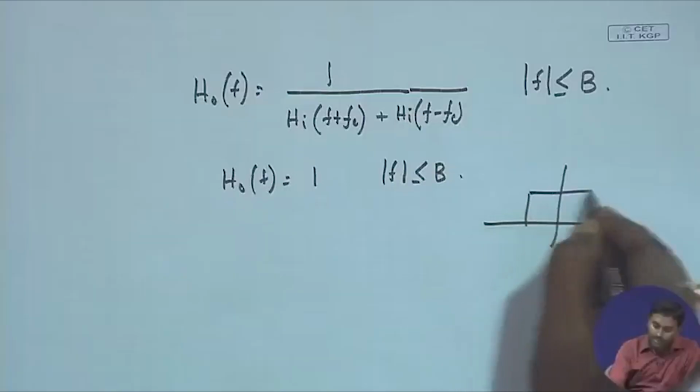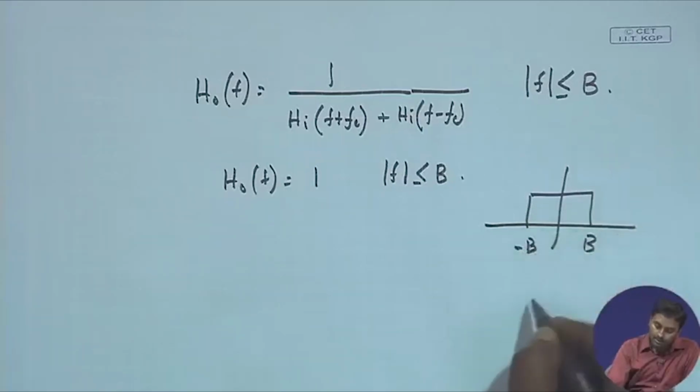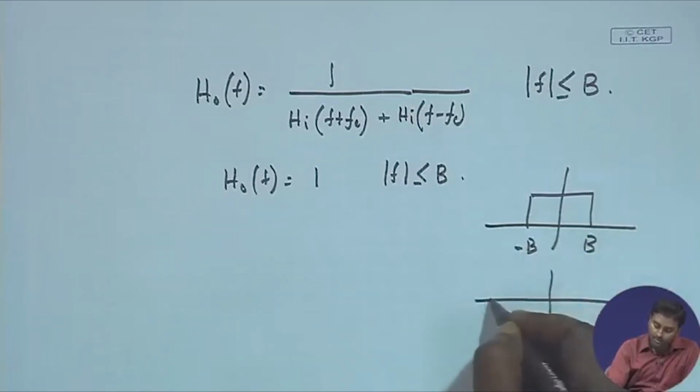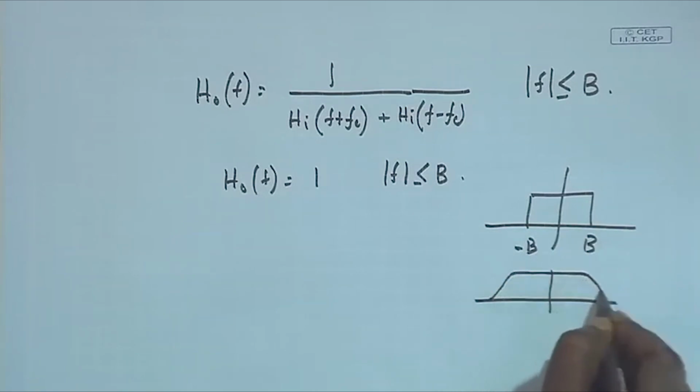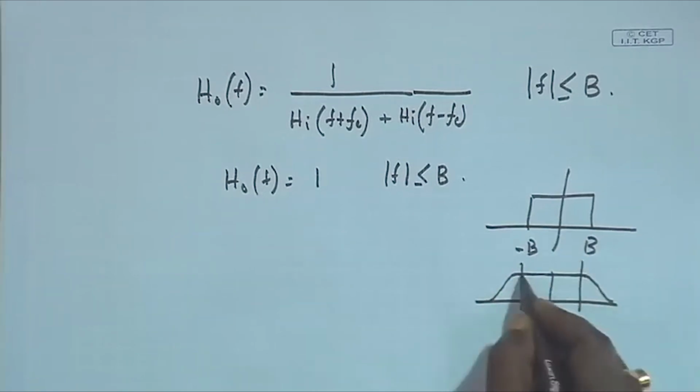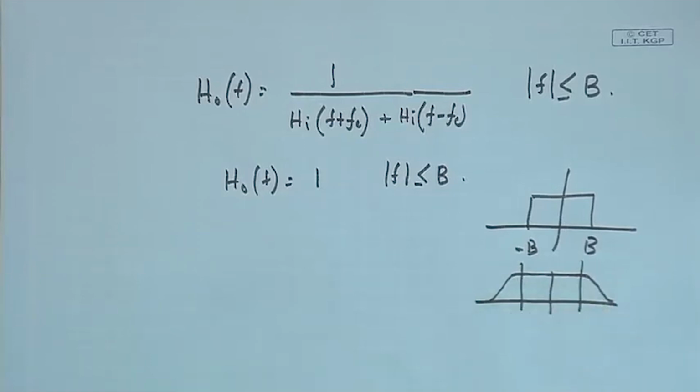So H_OF must have unity gain within that band of interest. Outside that band it might be anything, so I am not that bothered; the only thing is that it must have a low pass characteristic. It might be something like this, or it might also have a roll off. Within the band, as long as it is unity, I have no problem.